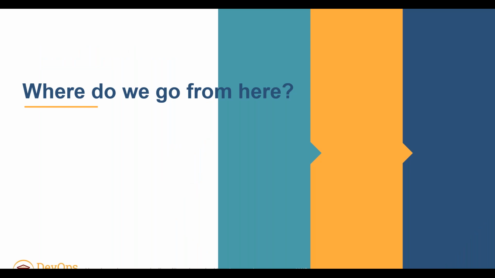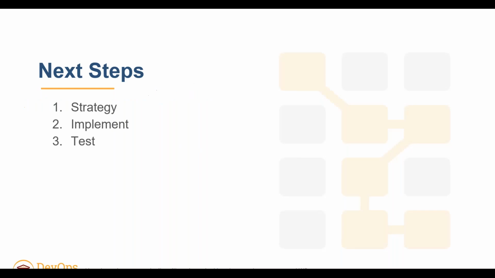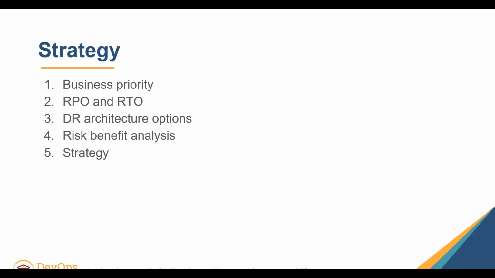So I know I've given you a lot here. I do want to give you some concrete next steps. In order to develop a disaster recovery plan, you want to first start by building your business strategy, implement your disaster recovery, and then test. The strategy starts with looking at your application landscape and determining the business priority of your applications, and then determining what RPO and RTOs you want to target for your different applications.